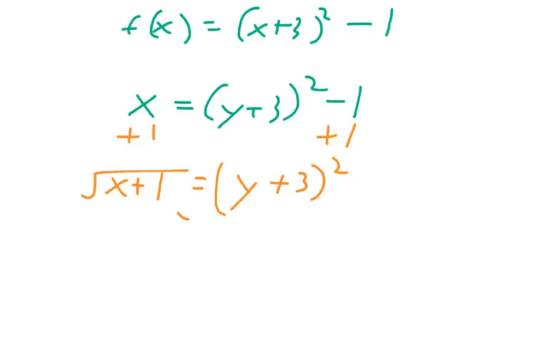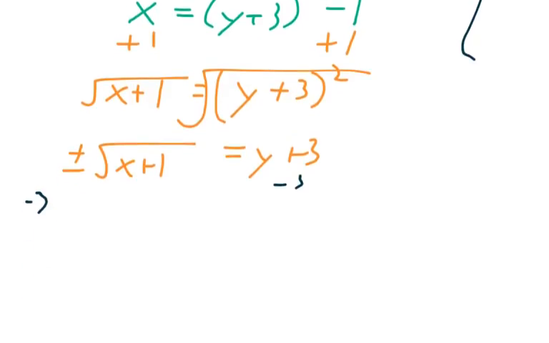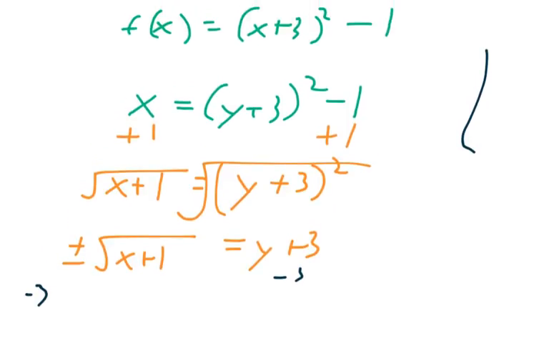Square root, and when I square root, we need plus or minus the square root of x plus 1 equals y plus 3. Then I'm going to subtract 3 on both sides, and I wind up with negative 3 plus or minus the square root of x plus 1 equals y.